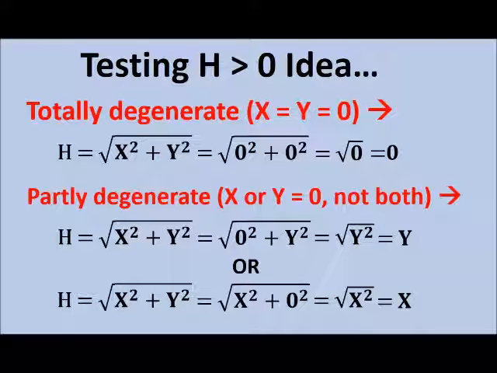You can see here where we plugged in x equals 0, and here where we plugged in y equals 0. The important thing to note here is that both cases always give lengths greater than 0, since y is greater than 0 in the first case, and x is greater than 0 in the second case. So, in this case, the Pythagorean theorem is following our common sense idea that h must be greater than 0 when the length of either leg is greater than 0.